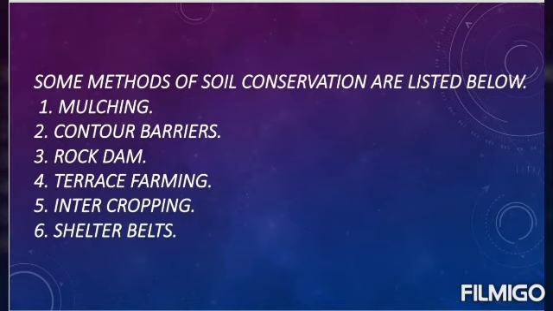Intercropping means different crops are grown in alternate rows and are sown at different times to protect the soil from rainwash. And the last one is shelter belts. Shelter belts are the rows of trees planted to check the wind movement to protect soil cover.